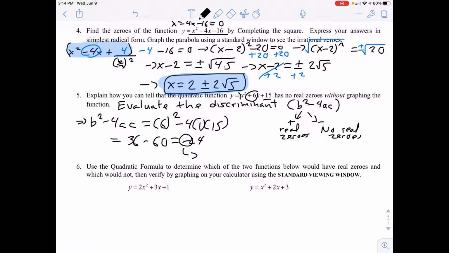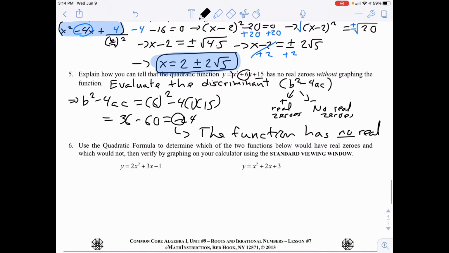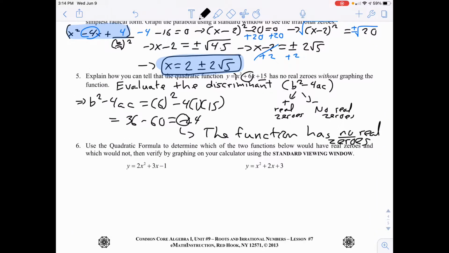The negative discriminant tells you the function has no real zeros. No solutions, no zeros. Now, in Math Course 3A, when you get to this, you'll be learning about another way to solve for quadratic functions that do not have real zeros, and that is called imaginary units.